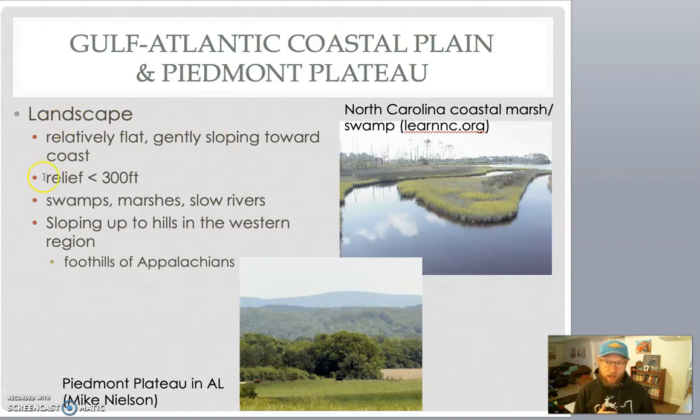Over those two entire physiographic regions, we have a change in elevation of only about 300 feet. So relatively flat, very little elevation change. And lots of this area, especially as you get closer to the coast, is going to be swamps, marshes, and these slow meandering rivers just because we have such small elevation change.